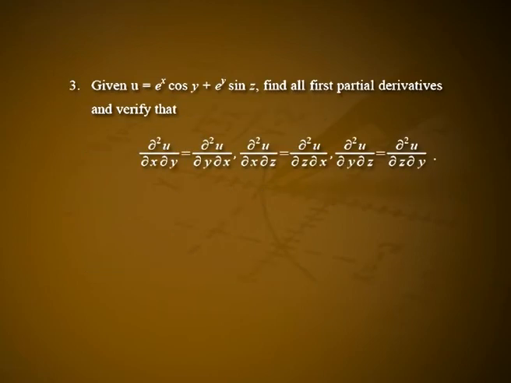Third one, given u is equal to eˣ cos y + eʸ sin z, find all first order partial derivatives and verify that ∂²u/∂x∂y is equal to ∂²u/∂y∂x, ∂²u/∂x∂z is equal to ∂²u/∂z∂x, ∂²u/∂y∂z is equal to ∂²u/∂z∂y.